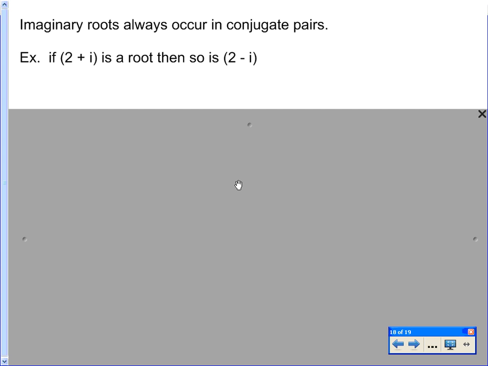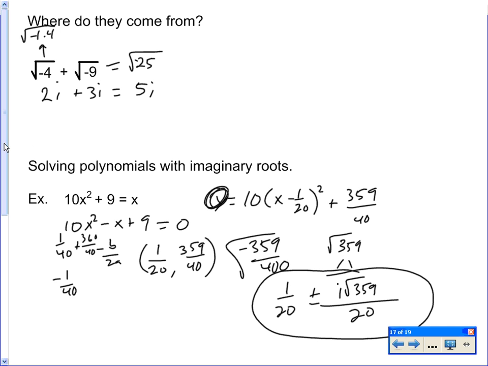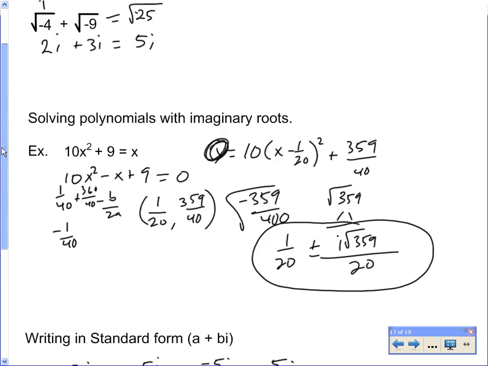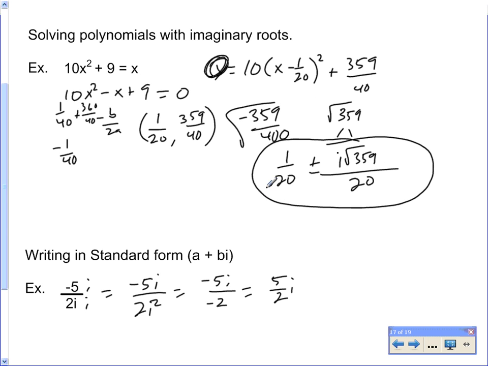Last thing we need to know is that when we do get these roots, if you notice, when I had these roots here, what I really have is these two roots. Okay, I have the plus version of this, and then I have the minus version. This is always the case.